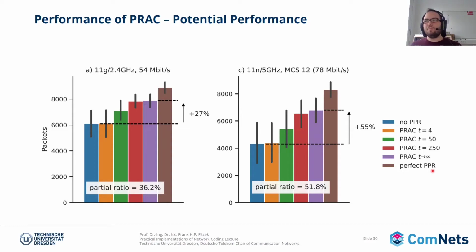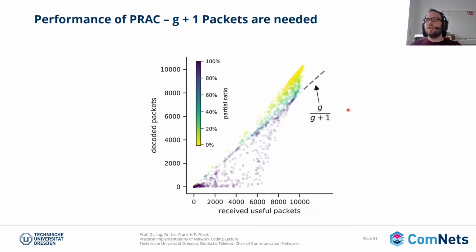So as I told you, this would be, for instance, brute forcing all single bits of the packet and computing the CRC without using PRAC, just taking every erroneous packet, flipping bits, and computing the CRC over and over again. Why do we have this gap here between that perfect partial packet recovery and an infinitely powerful PRAC? Aren't they the same? Well, no, because PRAC requires G plus 1 packets.